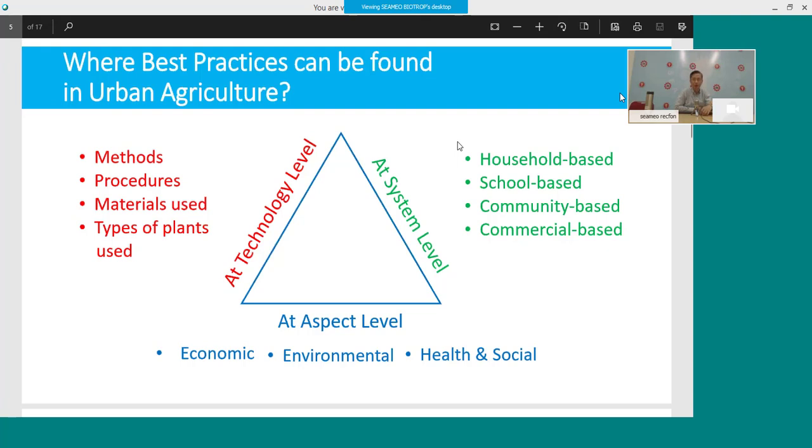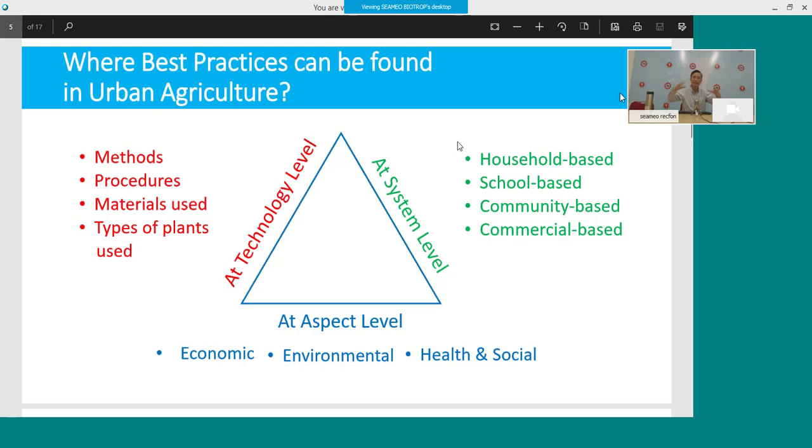When we talk about the social aspect of urban agriculture best practice, if we look into farming as an extracurricular activity in the school, it will promote interaction between and among the students and the teachers, so they will develop teamwork, they will develop a close relationship, they will have much more interaction.